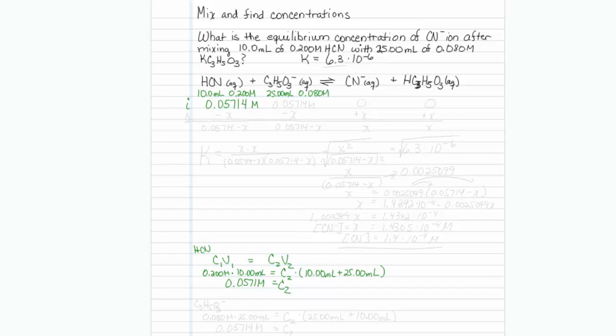Okay, now let me work on the lactate. And initially I have a concentration of 0.080 molar and 25 mL, and that has to equal C2, my new concentration, of the 25 mL that it came in with, plus the 10 mL that came in with the HCN.